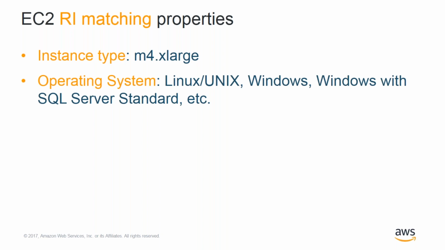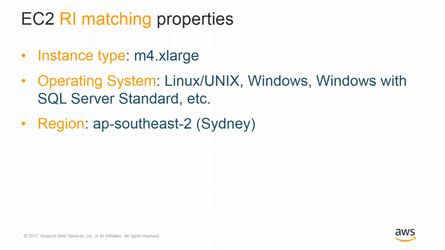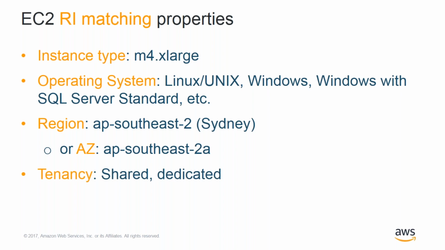The second is the operating system, so Linux, Windows, or anything else. The third one is the region, so for example, Sydney. And you can toggle between region or availability zone, which I'll go into detail shortly. And also finally, the tenancy, shared or dedicated. And so tenancy dedicated is used by customers who have licensing requirements around their software.